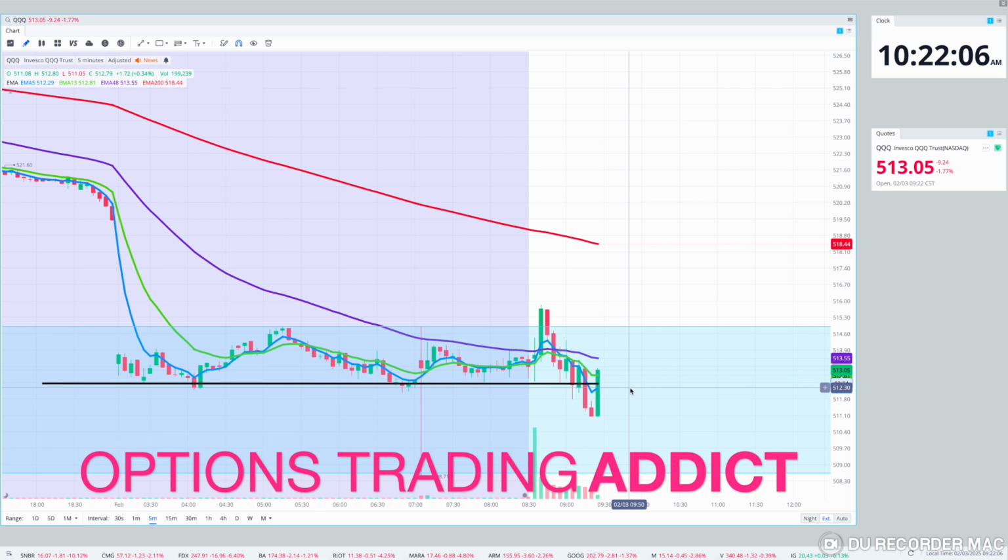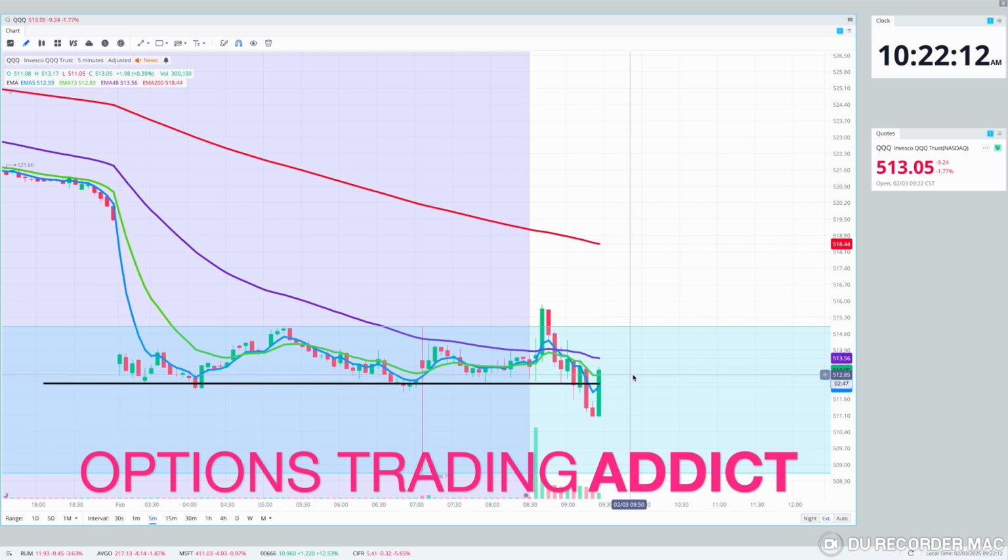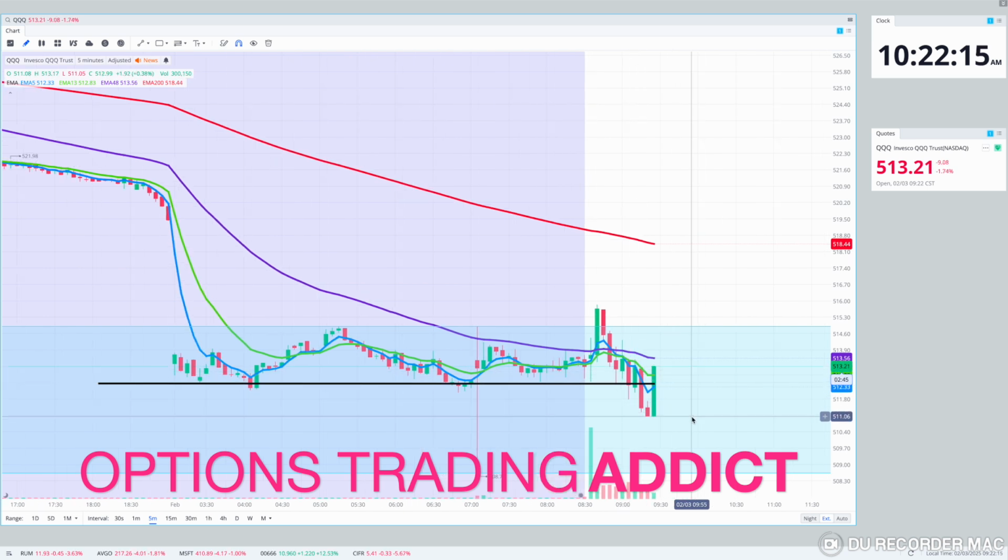I'm down $13 now. Am I ever going to get this? This thing jumped from 511 all the way to 514, 513.50. What am I missing? I don't know what I'm missing. Down $10.